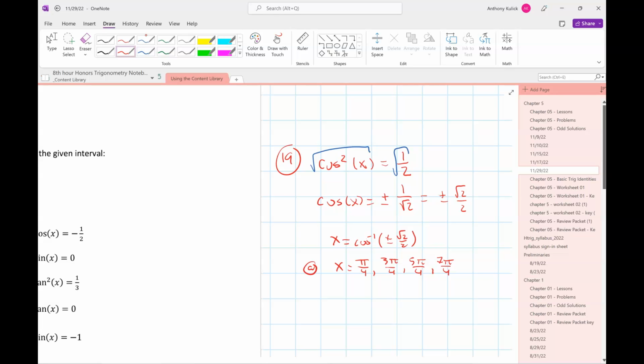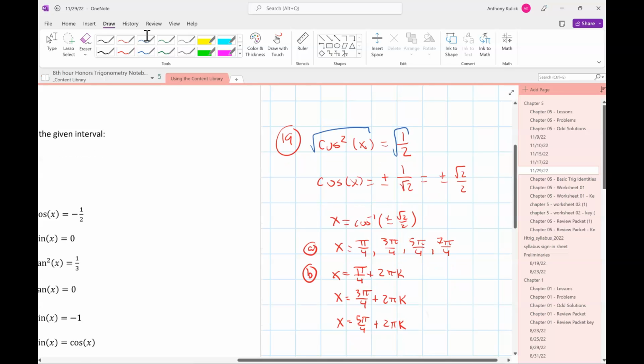Okay. For part B, I can go and just tack a plus 2 pi k onto each of these. Oops, 2 pi k. That's fine, but you could make it simpler, yeah.